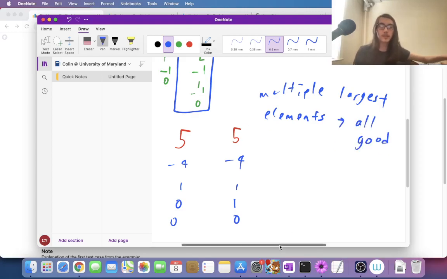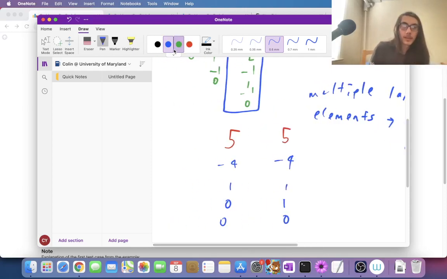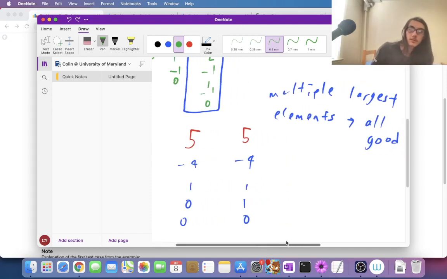The reason is that these two will always counteract each other. This guy will always be alive when this guy is, except for the final turn, but the final turn is fine because then they won't shout twice in a row. So if we have multiple largest elements, we're all good.